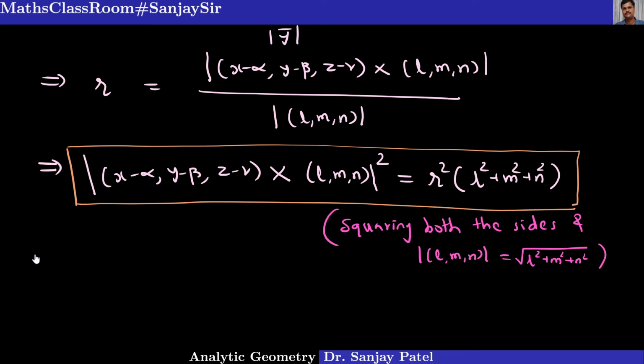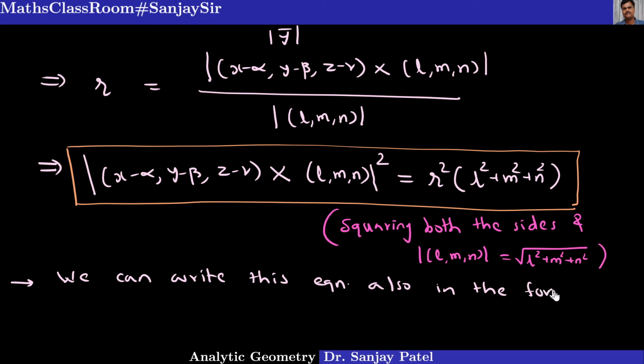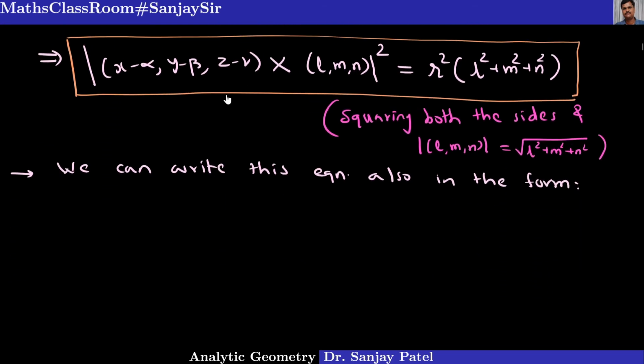So first of all, let us simplify this. We can write this equation also in the form, you know how to find the cross product of these two vectors. So we first hide these two terms, and take the determinant of this.